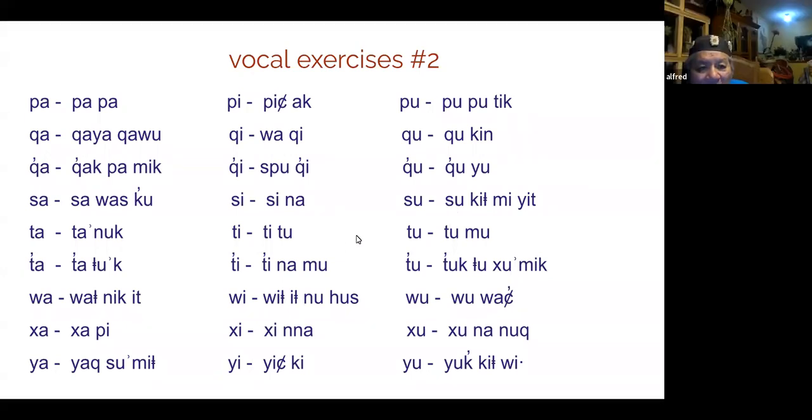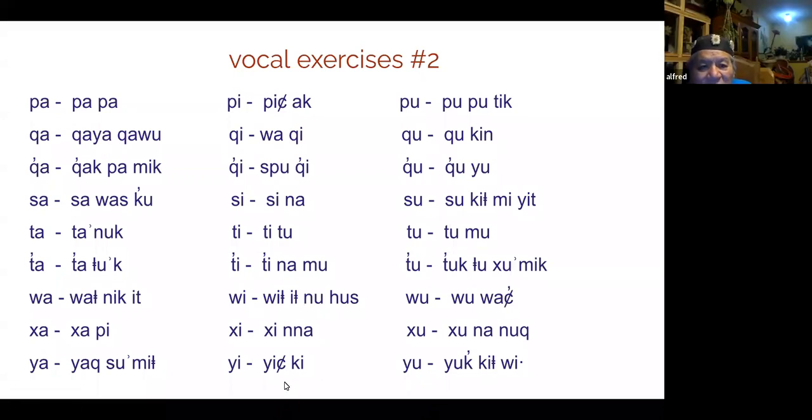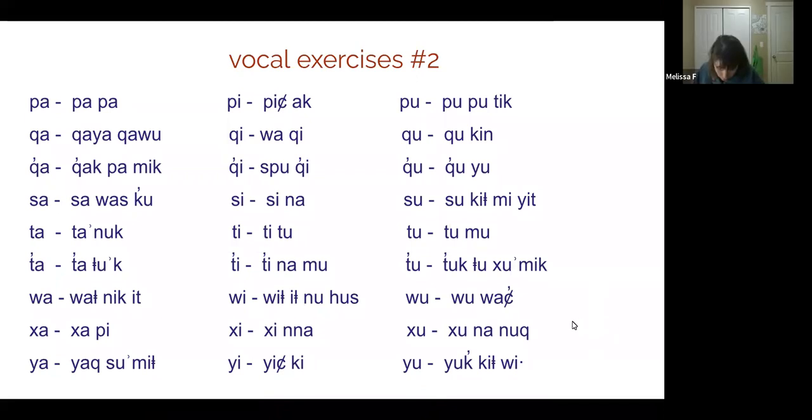So as beginner learners, we had broken these up into what we call syllables. Now we'll put the words together the way they're written in our dictionary, or how we would write it. This was just to get the syllable sounds to practice, like the cha, chi, chu.